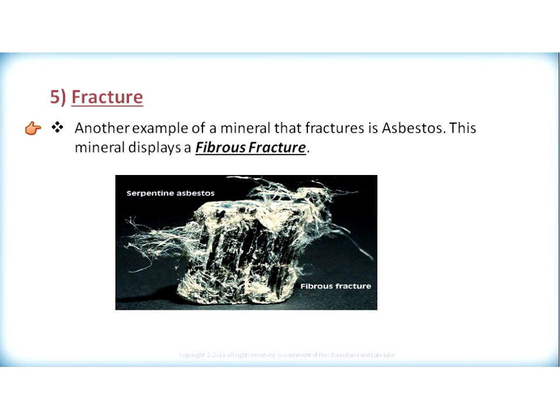Another example of a mineral that exhibits fracture is asbestos. This mineral displays a fibrous fracture. If you notice in the diagram, you'll see all of the particles of asbestos basically peeling off in little hair-like fibers. So asbestos has a fibrous fracture.